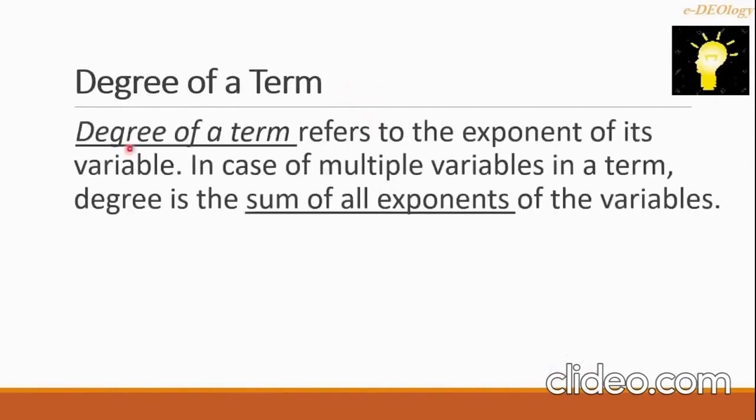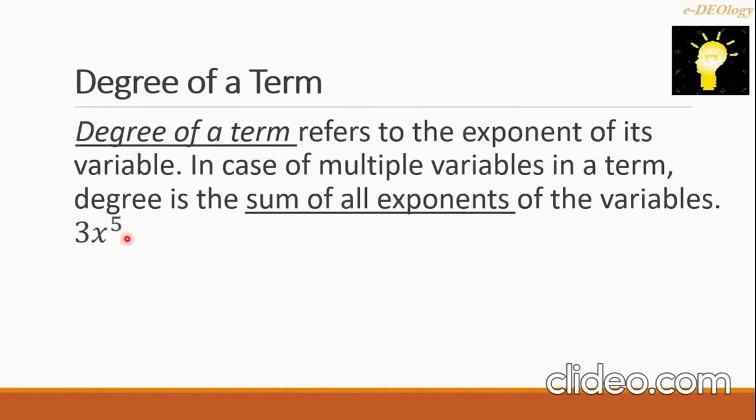Let's go now to degree of a term. As defined, degree of a term refers to the exponent of each variable. In case of multiple variables in a term, degree is the sum of all exponents of all the variables.